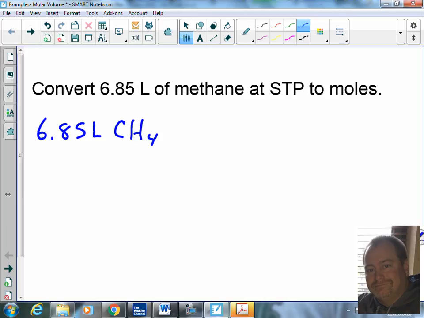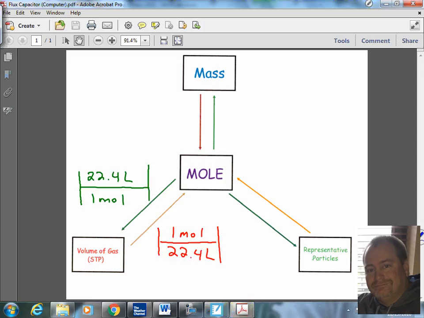Now, in terms of my flux capacitor, where am I starting at? I'm starting down here. Volume of the gas at STP. So, I'm taking that volume and I'm going to moles. I'm going up to moles right here, correct?